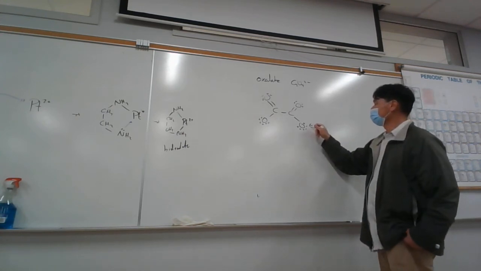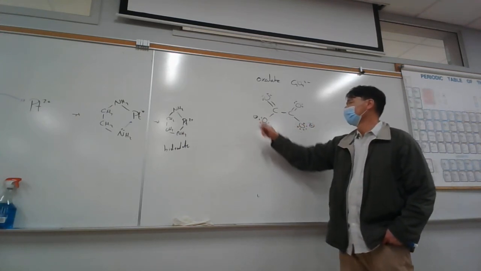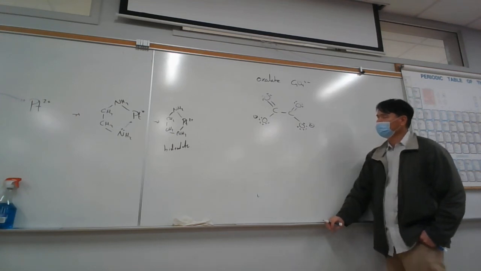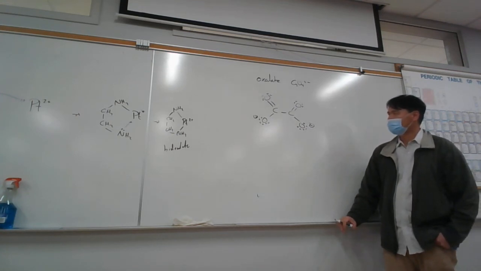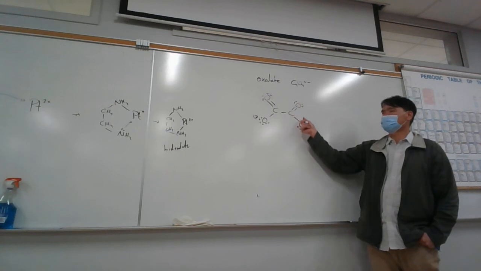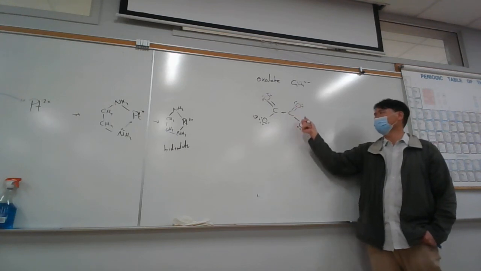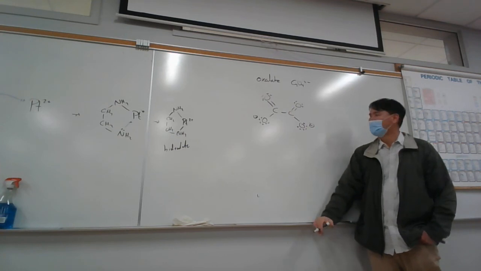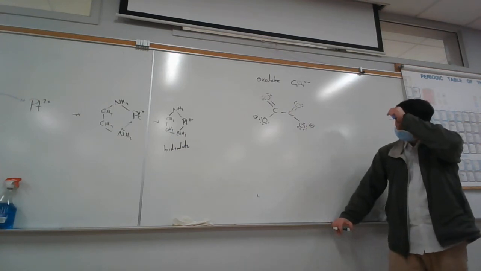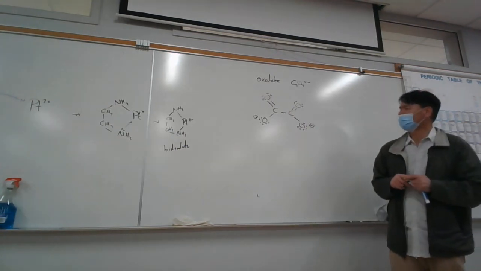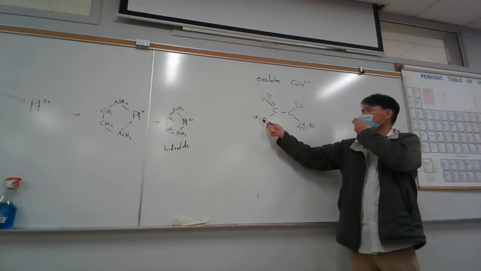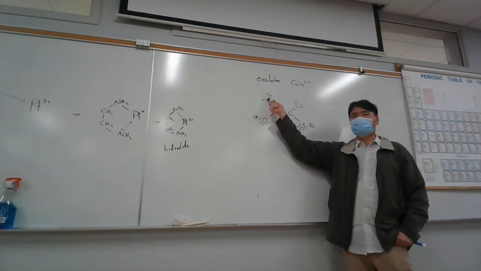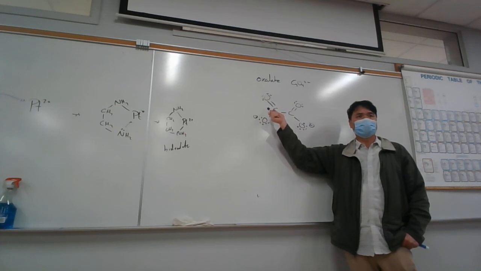So we have a negative formal charge on this one, a negative formal charge. Actually, because of resonance, these two bonds are the same. They're 1.5 bond order, and the negative charge on both oxygens are the same, -1/2. But we'll keep it like this. Which one do you think will be a better donor? The oxygen with the negative formal charge or the oxygen with no charge?